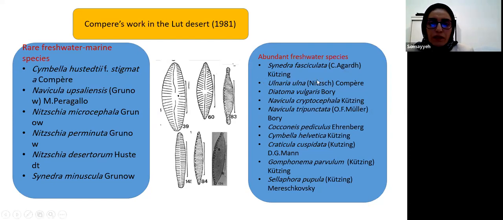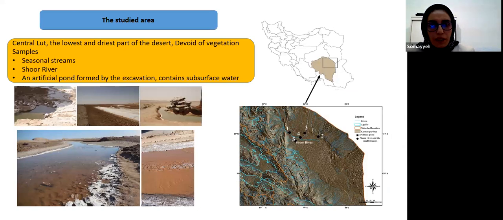So Cynedra fasciculata, ulnaria, ulna, diatoma vulgaris, Navicula cryptocephala, Navicula tripunctata, Coccinis pediculus, Cimbella helvetica, Craticola cuspidata, Gomphonema parvalum, and Celophora pupula. There were representatives of some freshwater species that he found, and I will continue with our studied area.